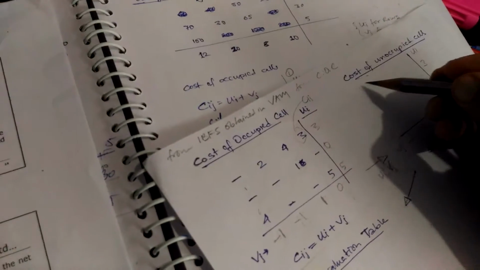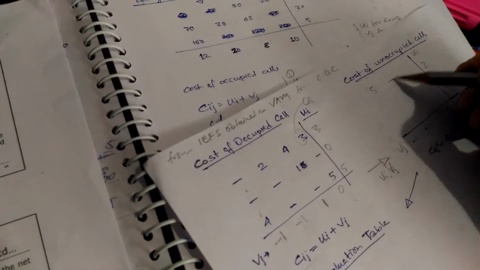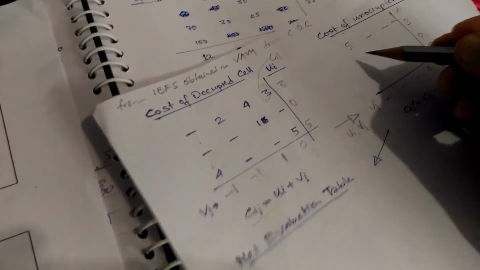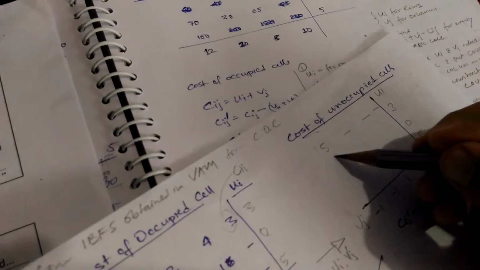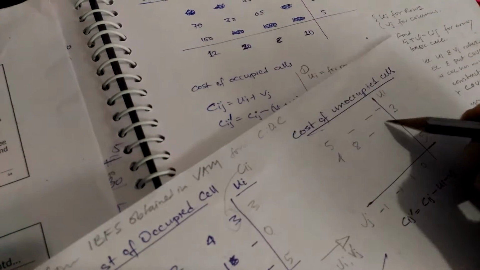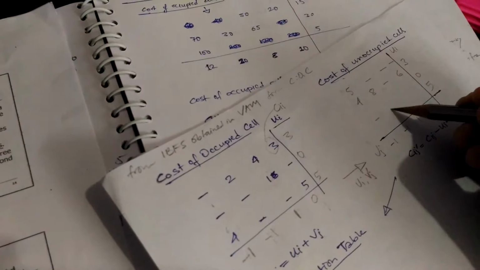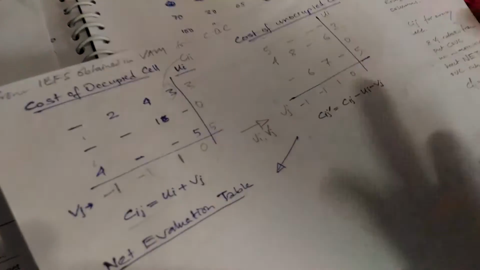So let us put it here. 5 dash, then 4, 8 dash 6. Next it will be 4, 6, 7 only in the middle. So dash 6, 7 dash. This is our unoccupied cells.